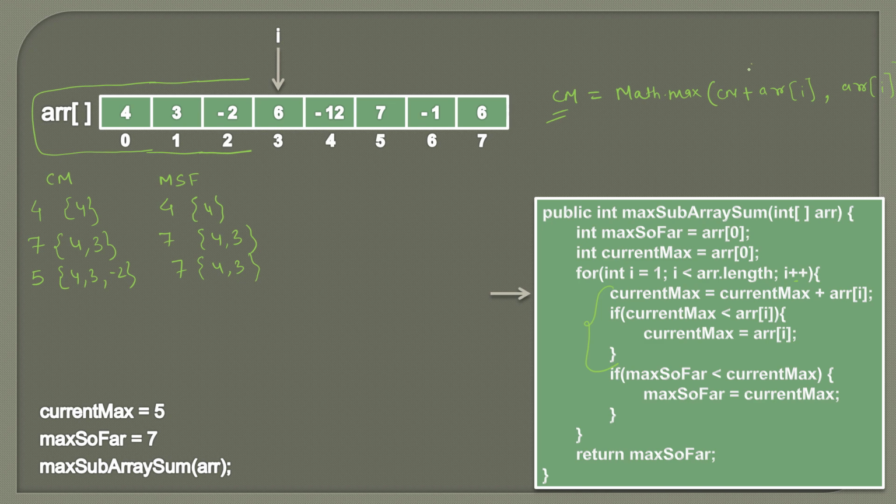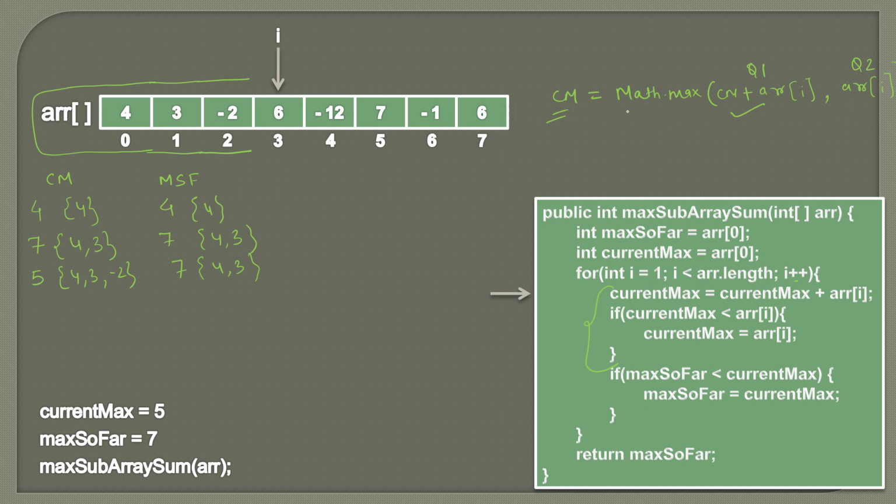So this is question 1 and this is question 2: should I become part of the current subarray? If that is maximum, that value is assigned to the current max. Or if the element decides to create its own subarray, its value is simply assigned to the current max.